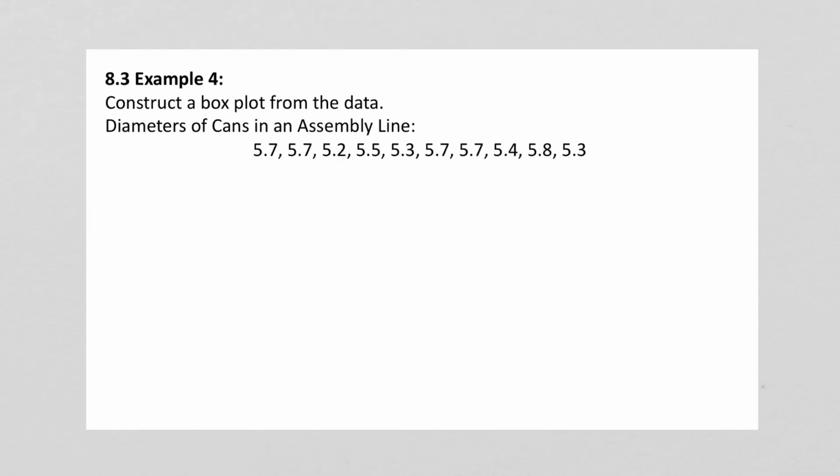And then the fourth example asks us to construct a box plot of this data. And to do that, we'll first find the 5-number summary. And to do that, we need to put these in order. So I've gone ahead and put them in order. We have 5.2, 5.3, 5.3, 5.4, 5.5, 5.7, and 3 more 5.7s.